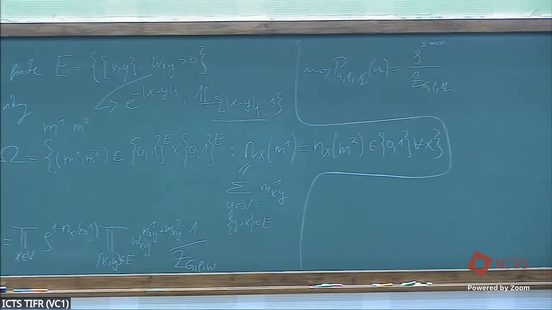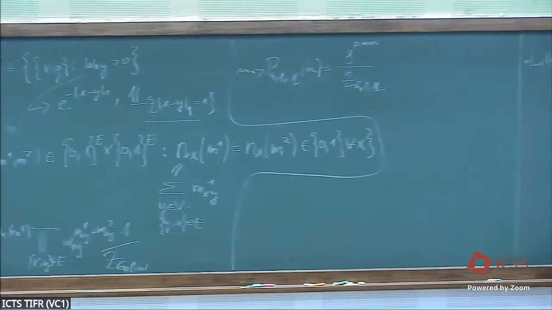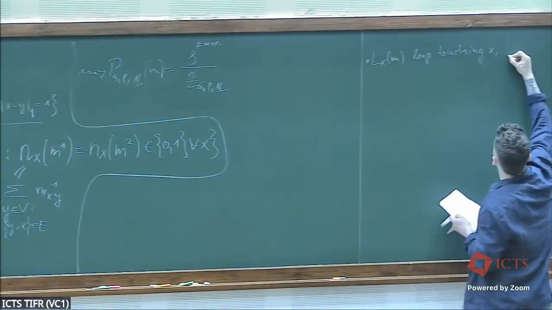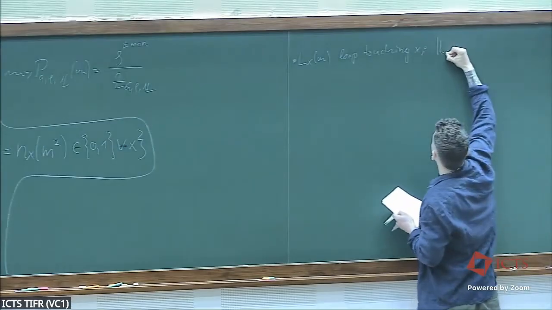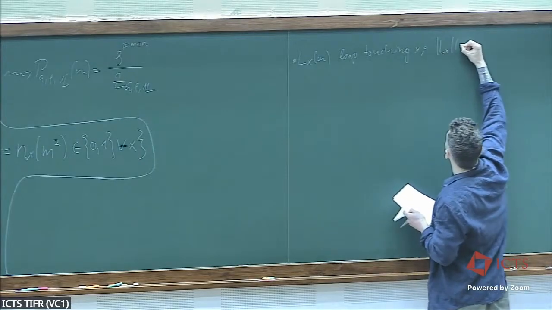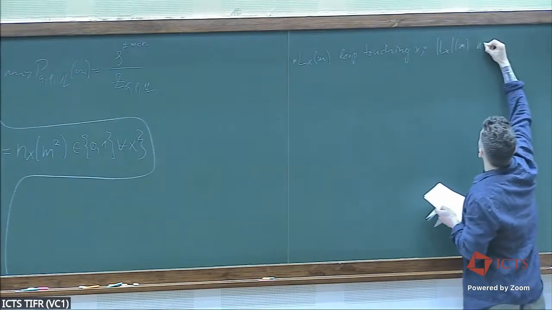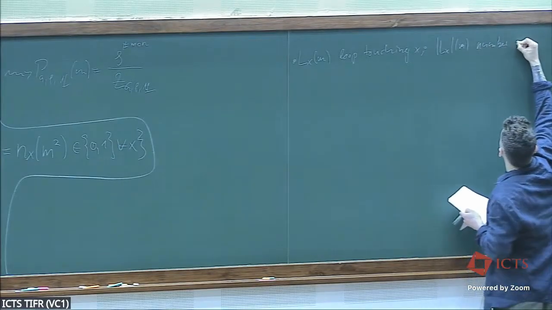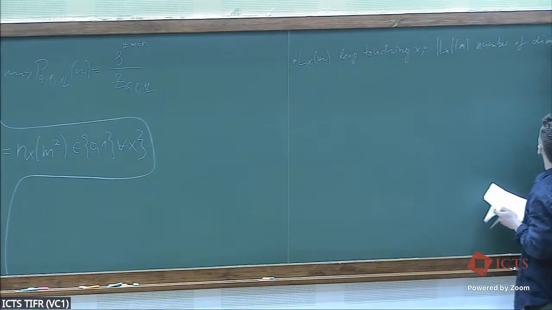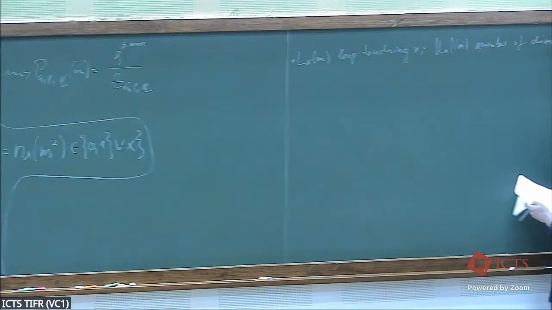Okay, and like I said, we are interested in studying these loops. So an important object is Lx of m, and this is the loop touching x. And what we are also interested in is the absolute value of this, and this is the number of dimers in the loop.